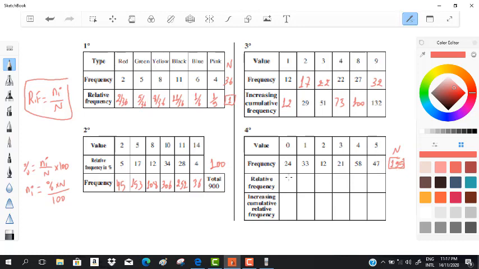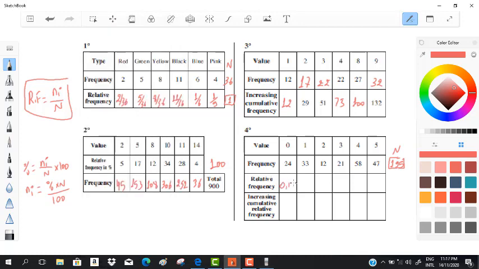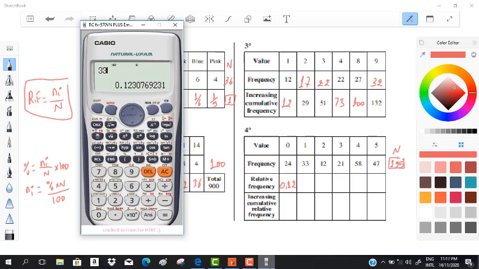So 24 divided by 195, the answer is 0.123. So I'm gonna write it as 0.12. I'm gonna round all the values. 33 divided by 195, the answer is 0.169.